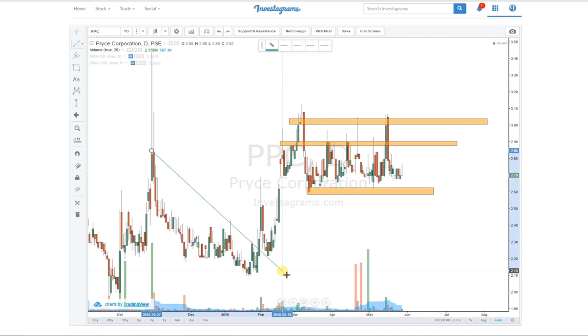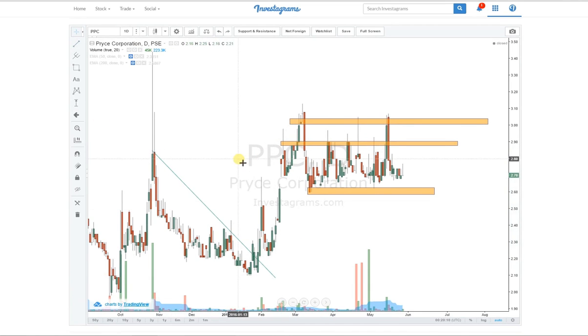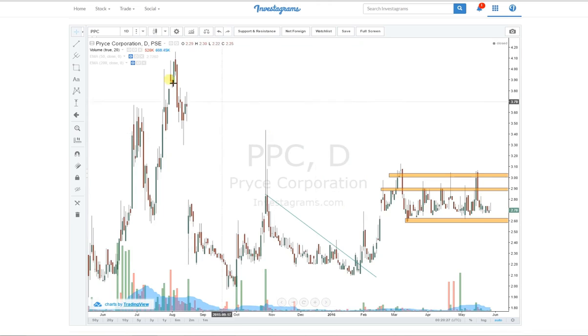So oftentimes these are like your trend lines to give you a signification to show you how the trend is moving, right? So we're gonna discuss that in a separate video. Let's focus on horizontal support and resistance first.